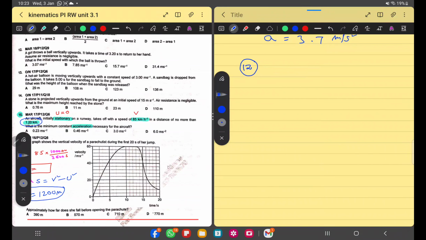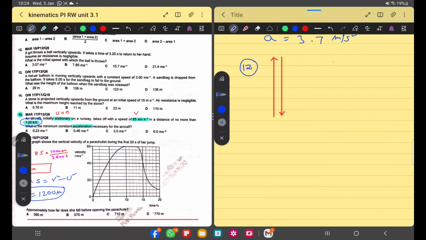Question number 12: a girl throws a ball vertically upward. The ball is thrown vertically upward, and it takes 3.2 seconds to return to her hand. It is the double time: the time of upward motion plus the time of downward motion.